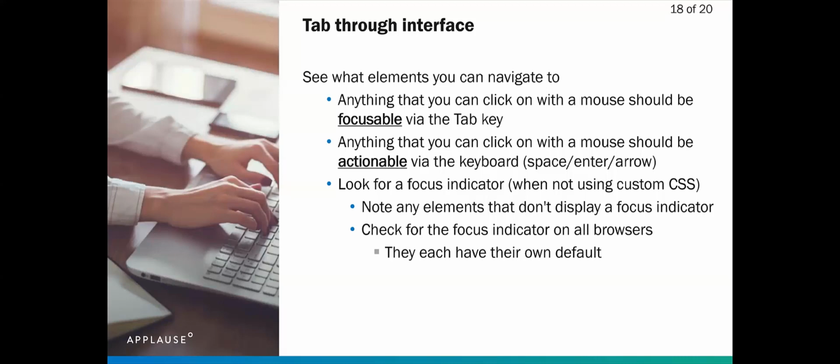So when you test the page's focus indicator, if it's using the default one, you probably want to test on a couple different browsers because each browser has its own default, whether it's a blue outline or, I think, Internet Explorer has a black and white dotted one. And despite all the picking on Internet Explorer, they actually did the focus indicator really well because when it's a black and white dotted outline, no matter what color your background is, you can always see it, right?